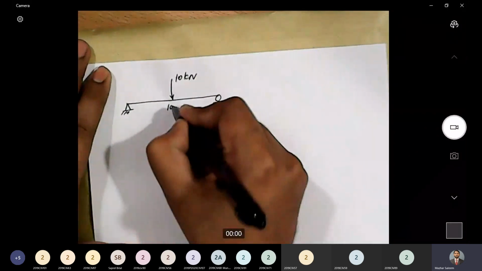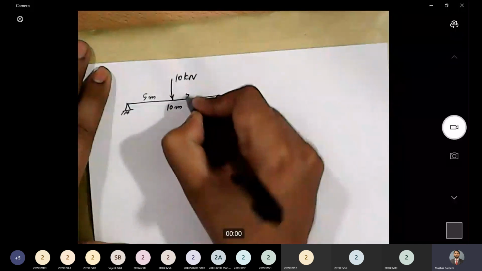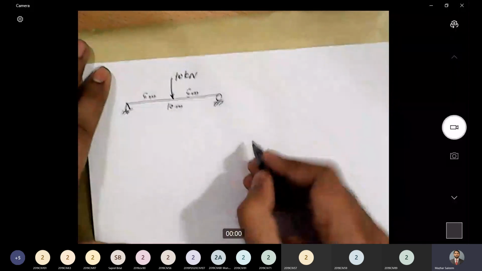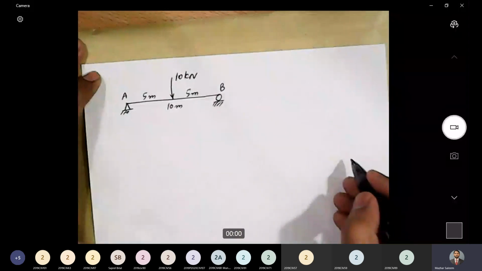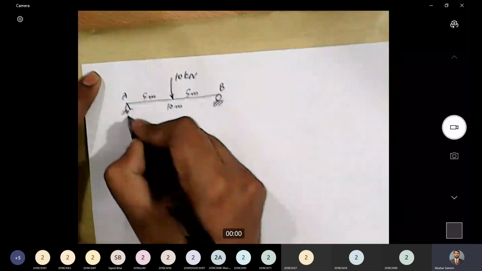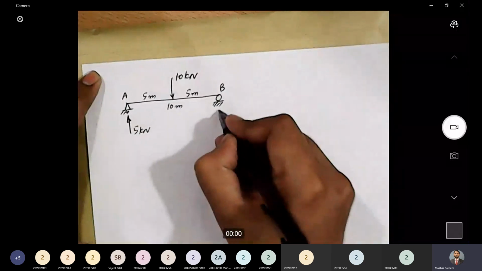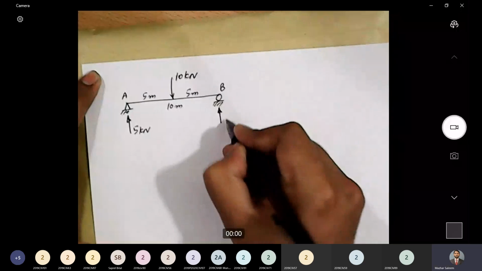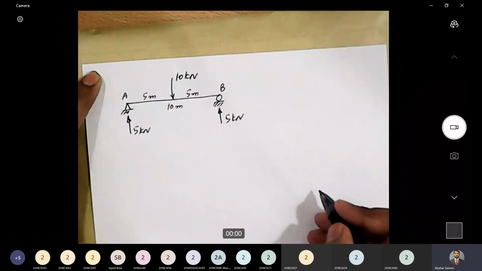This total span is 10 meters. This distance is 5 meters, and this is also equal to 5 meters. This point is point A, and this point is point B. And we know the reactions: the reaction here is 5 kilonewton, and the reaction here is also equal to 5 kilonewton.